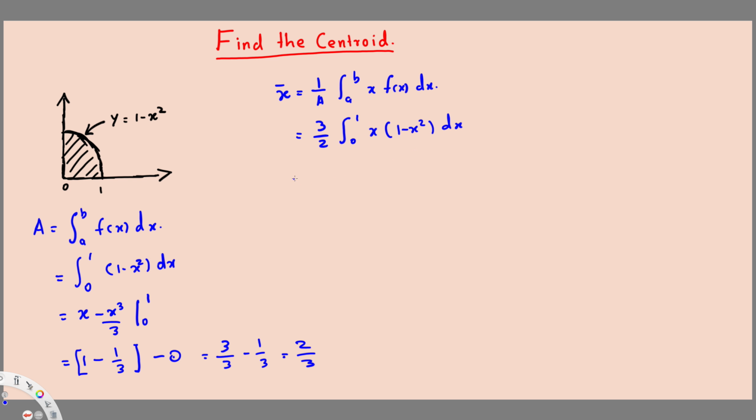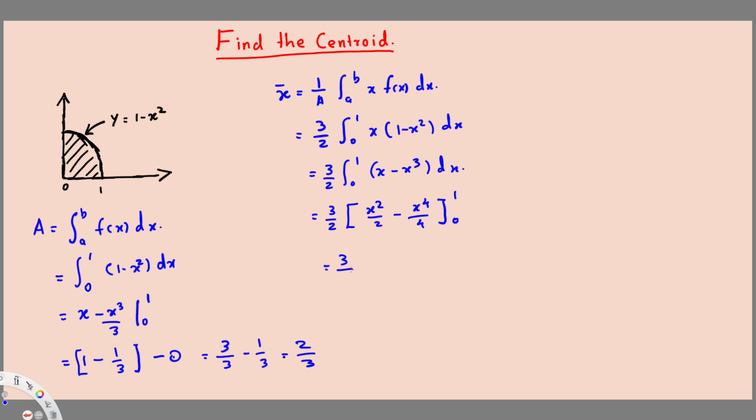Let's multiply this out and see what we get: 3 by 2, 0 to 1, x minus x cubed dx. Now we can do the integration. If we integrate this, it comes out as x squared divided by 2 minus x power 4 divided by 4, going from 0 to 1.